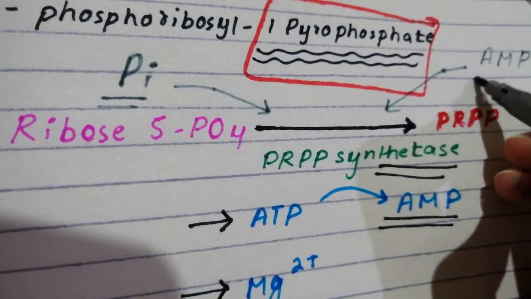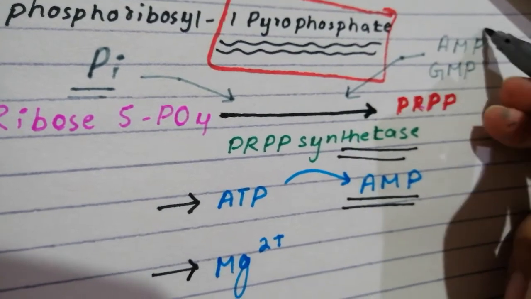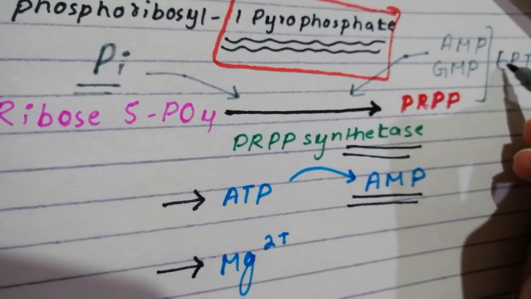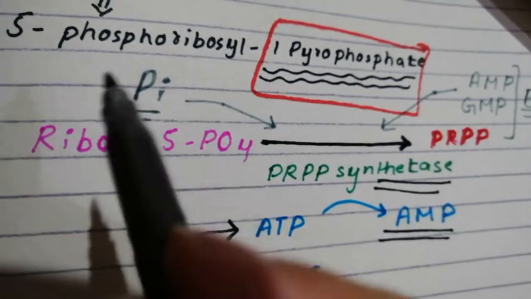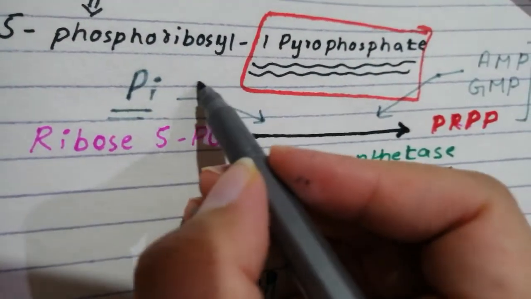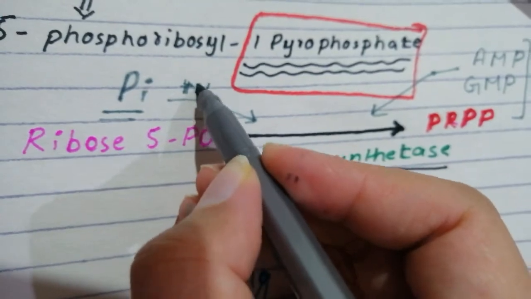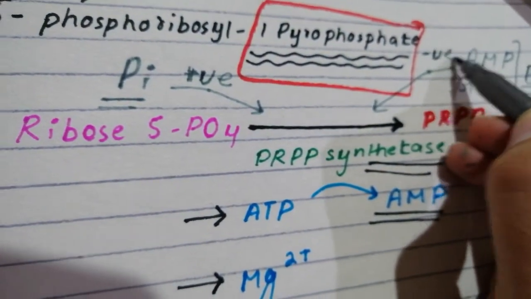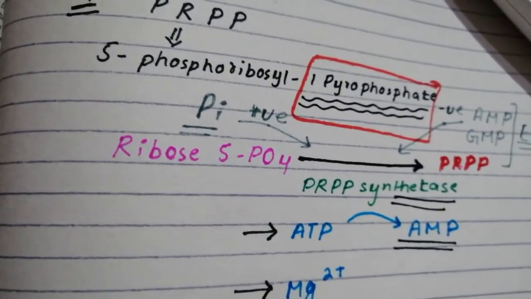So this, for example, is an example of end product inhibition. Inorganic phosphate is the allosteric activator, and the AMP and the GMP are the allosteric inhibitor. So this is the first reaction, very important.